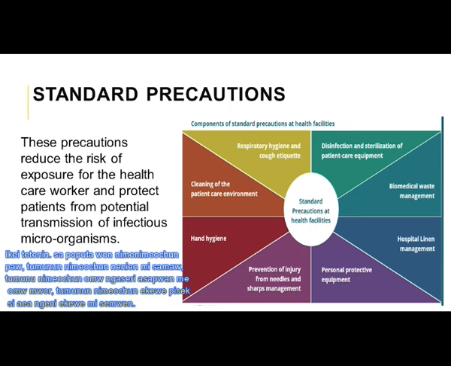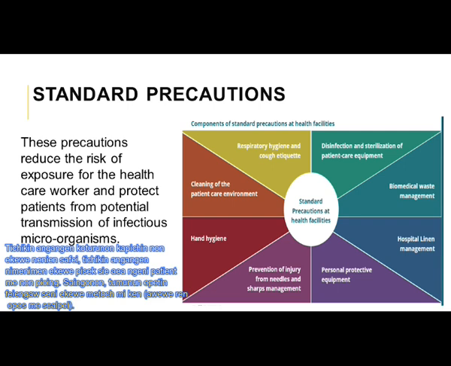If you can see the handout, we'll start first with hand hygiene and cleaning of patient care environment, respiratory hygiene and cough etiquette, disinfection and sterilization of patient care equipment, how to manage the clinical and biomedical waste, and how to manage the hospital linen. These are bed sheets and other linen we use in the hospital care setting, as well as personal protective equipment and needle stick injury management.